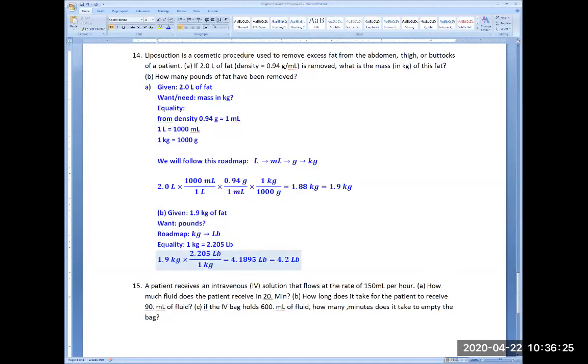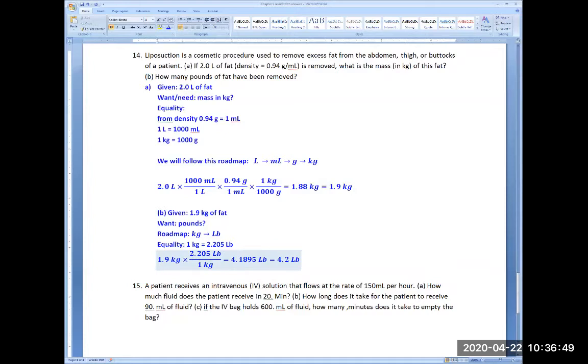And so that conversion factor, the ratio of 2.205 pounds over 1 kilogram, is a conversion factor because 1 kilogram is equal to 2.205 pounds exactly. Because these two quantities are the same, this ratio is like 1.